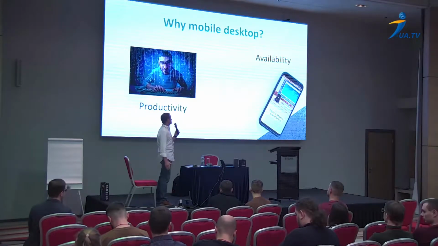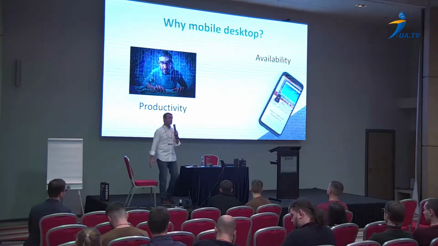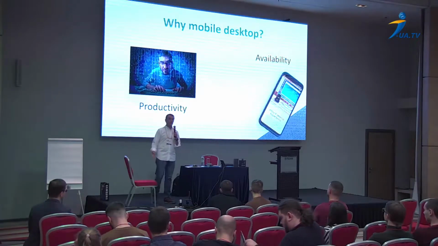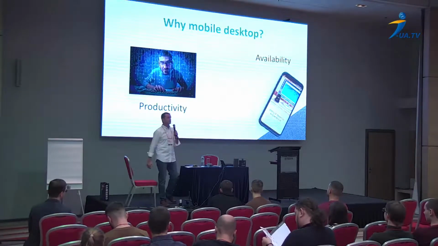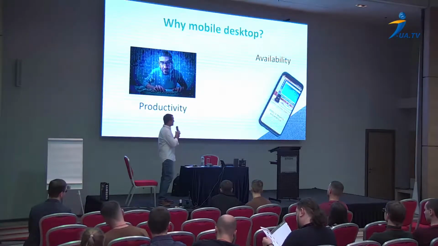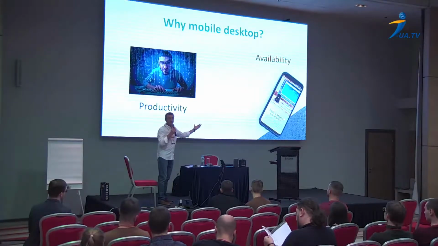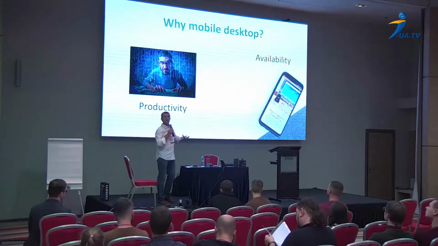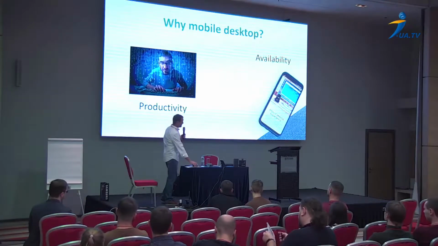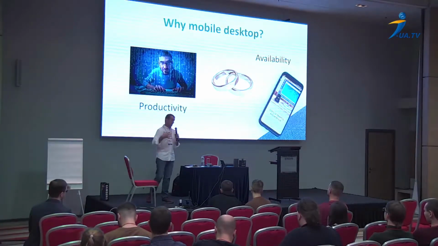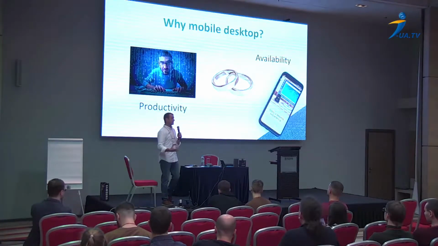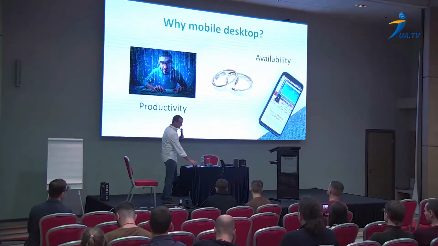It's probably difficult to find a developer who writes code on their mobile device, because using a soft keyboard is not really that practical. So on one side we have availability, on the other side we have productivity. And the question is, is it possible to marry these two worlds together, to have an instantly available device and yet achieve productivity? And the answer is, yes, it is possible.